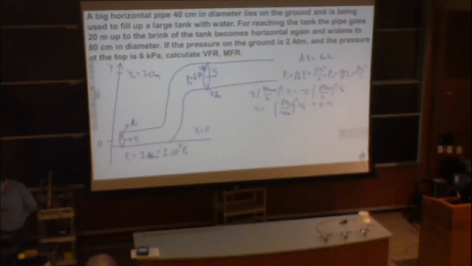So let's use it. 2 times 10 to the 5th plus 0 plus density of water times unknown speed squared divided by 2 should be equal to 6 times 10 to the third plus density times gravity times height plus, okay, I'll fit it here, density times V2 squared over 2.